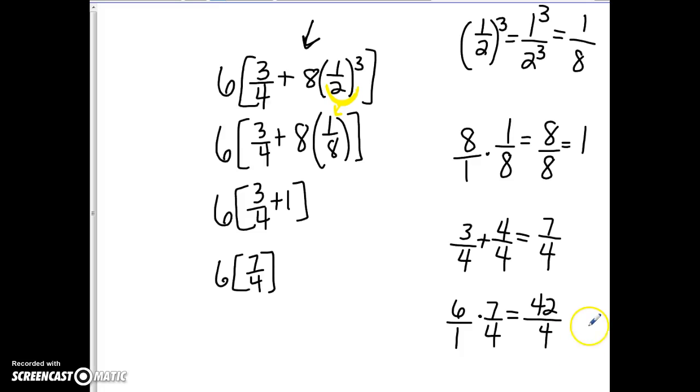And then I can reduce, let's see, I can divide each by 2, so that's 21 over 2. So my final answer is 21/2. And you can just leave it an improper fraction, or you can change it to, what is that, 10.5? Either or. See, that wasn't so bad, right?